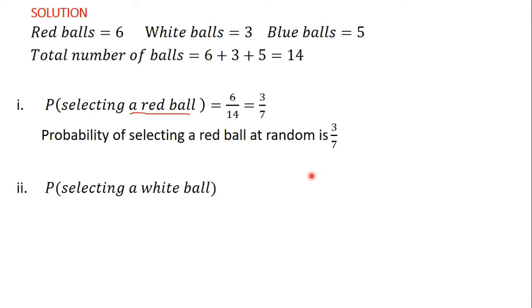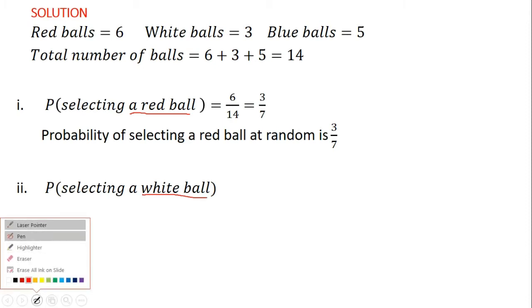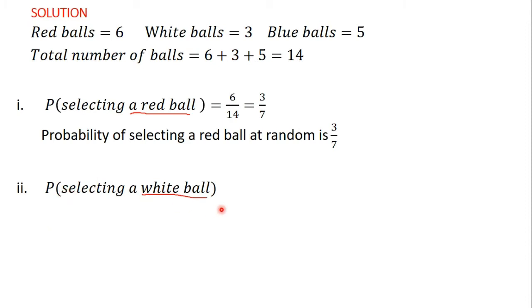The second event we are going to consider is selecting a white ball. We are going to find the probability of selecting a white ball.